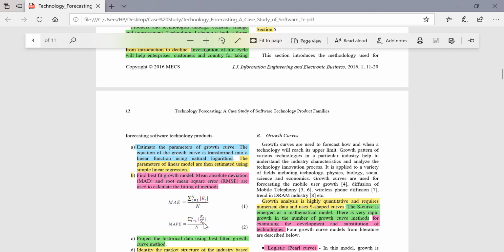I told you the growth curves are always modeled. To model, you should have a mathematical equation. For that you have to set the variables right and create a proper mathematical model for all the 4 types of growth curve, and hence it is very much essential. So this is the first growth model.